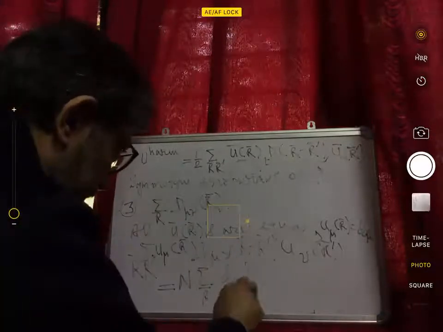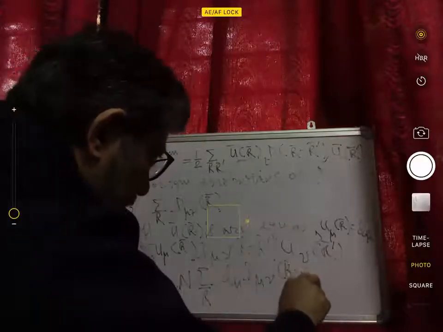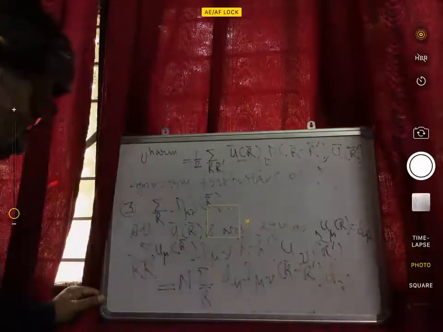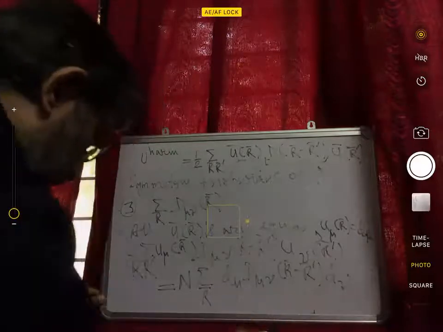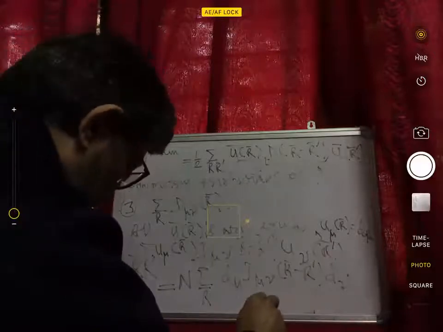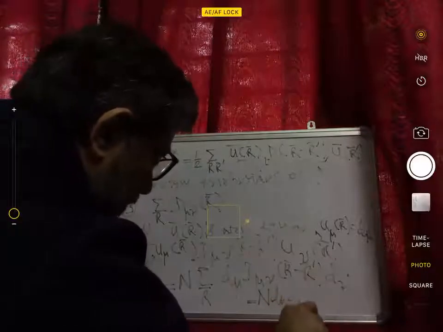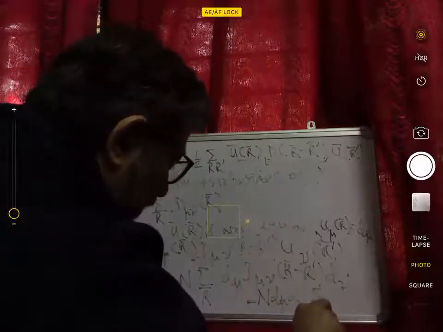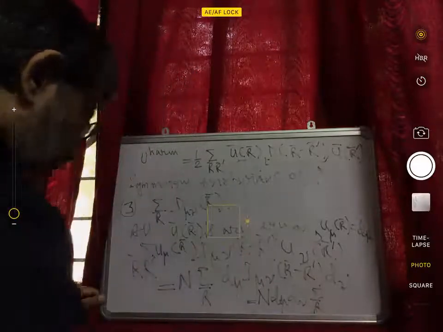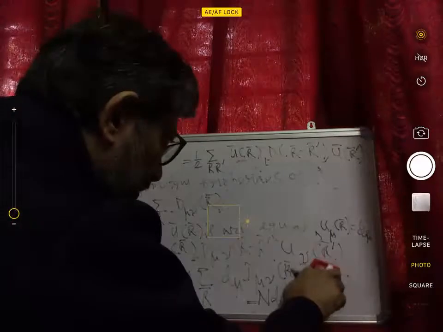And because d mu and d nu are constants, I'll pull this out. And there I have the sum over r. Sorry, once I have written this, I can do this.